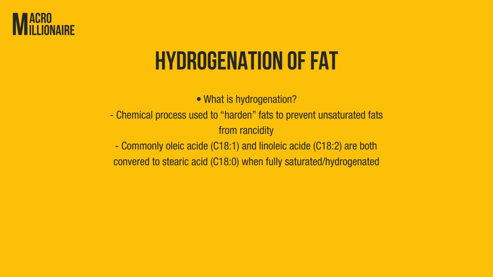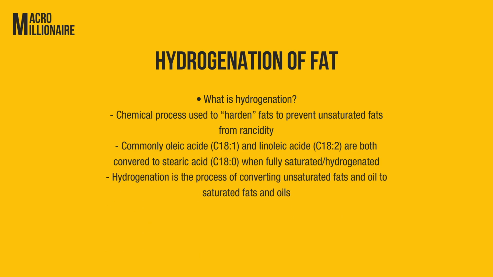Commonly, oleic acid and linoleic acid are both converted to stearic acid when fully saturated or hydrogenated. So these two fatty acids are not saturated fats, but they become saturated fat through the process of hydrogenation. So hydrogenation is also the process of converting unsaturated fats and oils to saturated fats and oils.